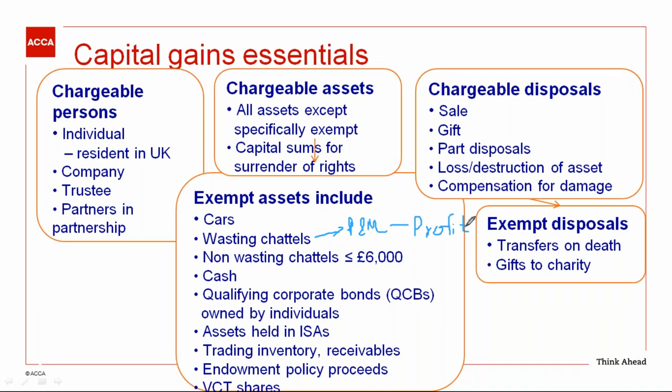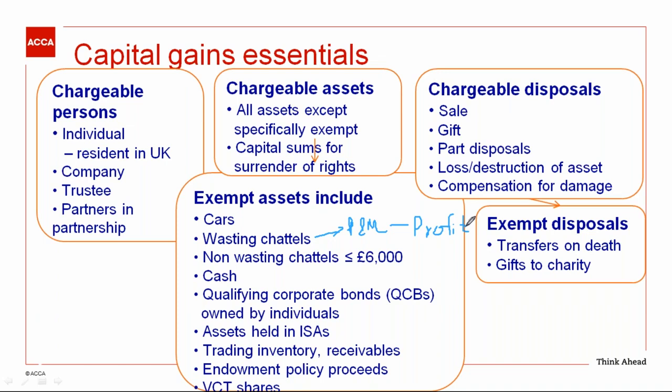If you have sold plant and machinery at a loss, that loss is not an allowable loss because a relief has already been given under normal capital allowance computation.